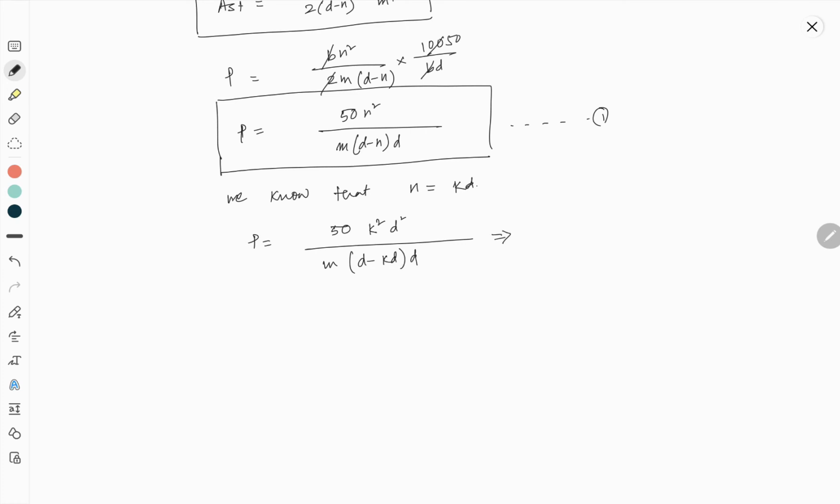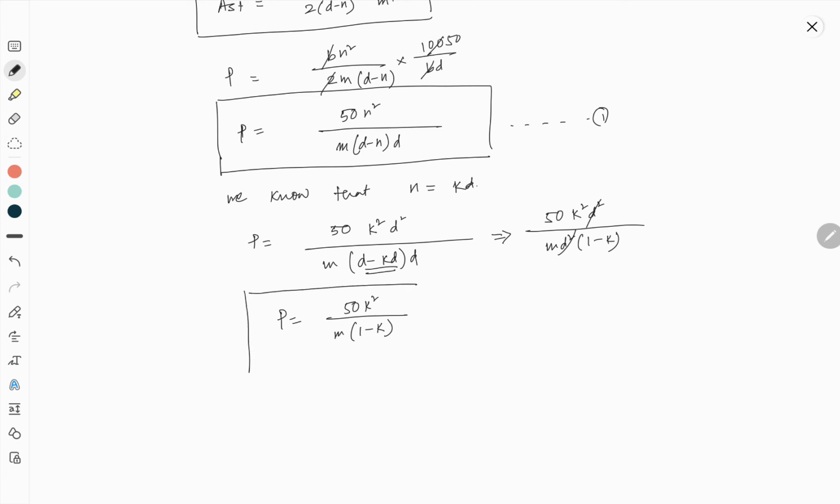So from here we can write 50 k square d square by, from here d will be common, m d square (1 minus k). So d square cuts out. So p equal to 50 k square by m (1 minus k).